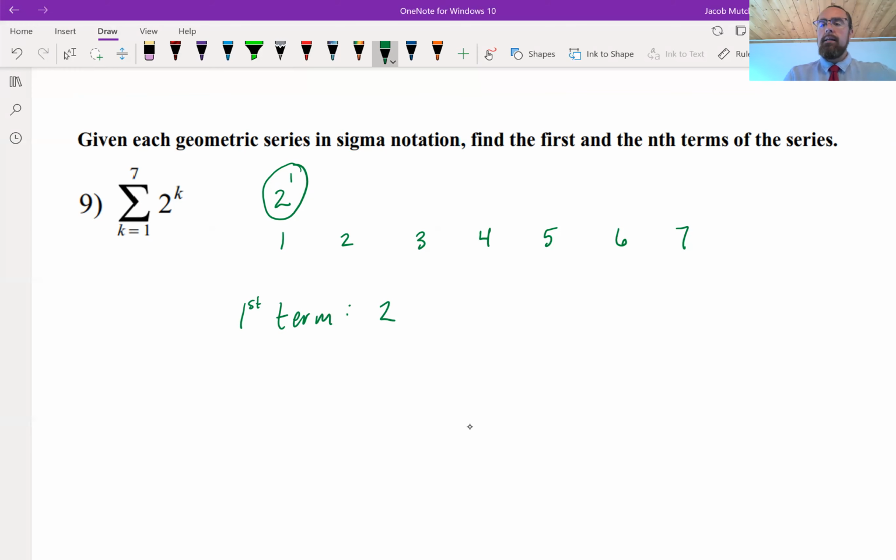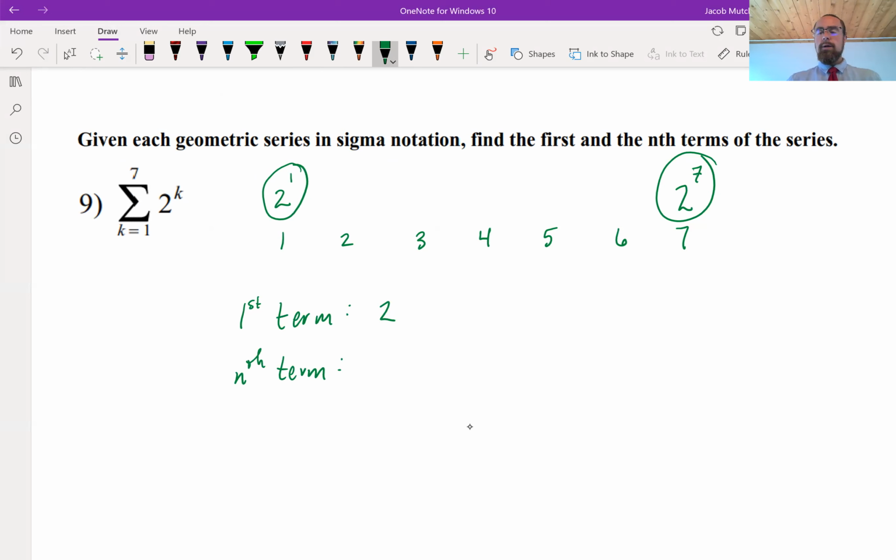To find my nth term, that's really looking at my last term, in this case the 7th. That's going to be, again, using the explicit rule 2 to the power of k. I'm going to input this 7 for the k, 2 to the power of 7, which means my nth term, my last term in this geometric series, is going to be 2 to the power of 7. So that's a large number.